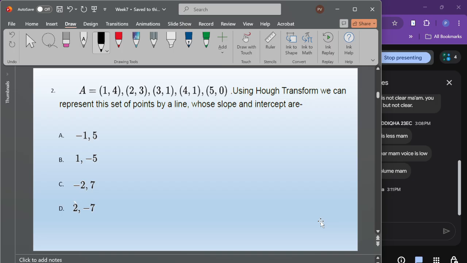So our next question is A is equal to 1 4, 2 3, 3 1, 4 1, 5 0. This set of points is given. So using the Hough transform, we can represent this set of points by a line whose slope and intercept are. Anyone having any idea how to solve this question?